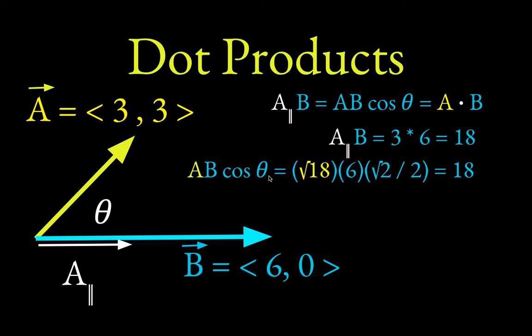And the cosine of the angle between them, well, since this vector is over 3, up 3, that's got to be a 45-degree angle here. So you know the cosine of that thing is root 2 over 2. So if you take magnitude A, magnitude B times cosine of the angle between, well, 18 times 2 is 36. That would be root 36, which is 6. Times 6 makes 36. Divide by 2 makes 18. So you see we get the same answer that we got before.